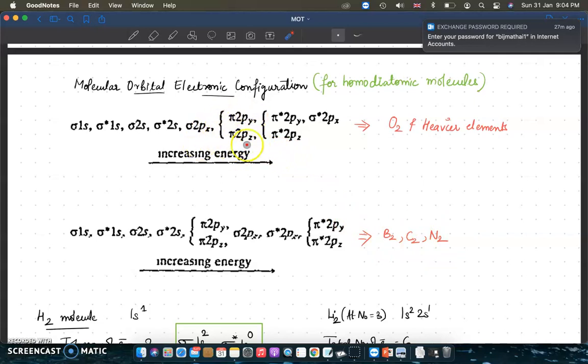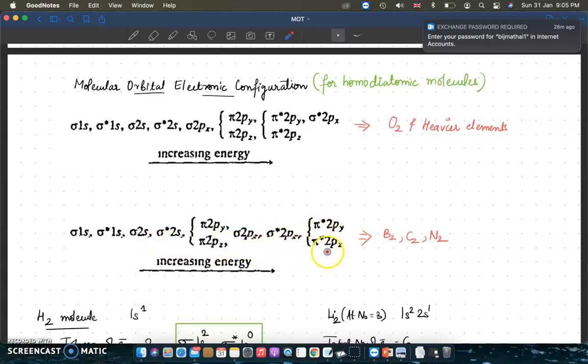The pi molecular orbitals go lower than sigma 2px. So sigma 2px comes higher, and pi 2py and pi 2pz come lower. Then you have the corresponding sigma star 2px and the pi antibonding orbitals.